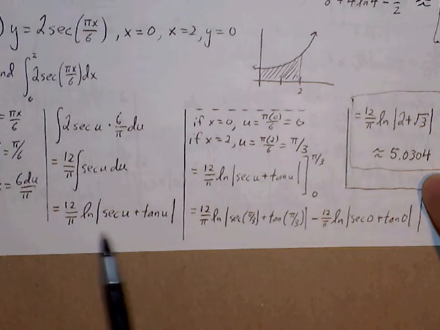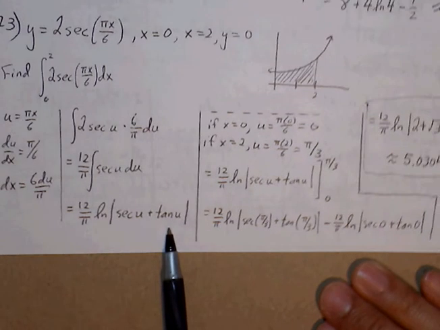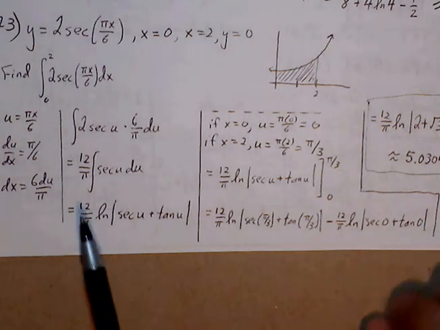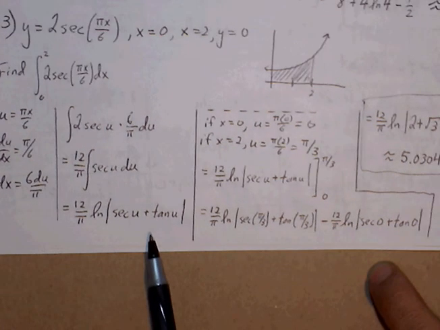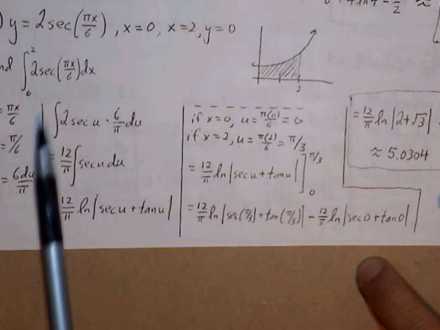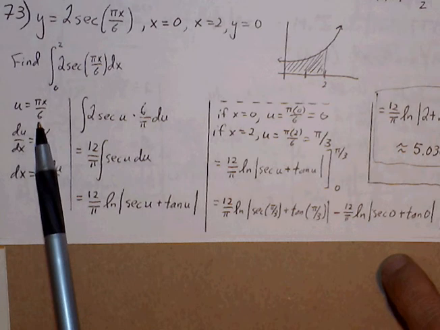Notice that we went through U-substitution, and this problem is a definite integral problem. So we do need to go through and change our bounds to be in terms of u. So we look at what's given as our u value, which is pi x over 6.